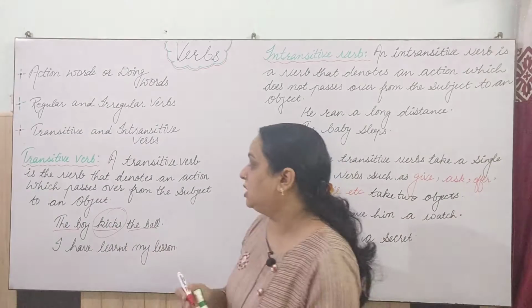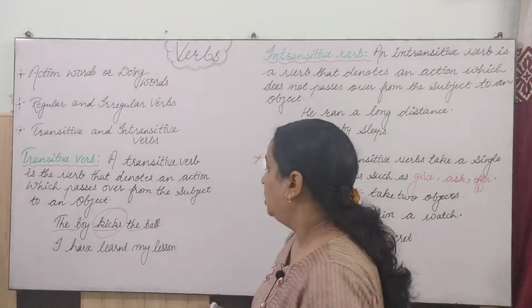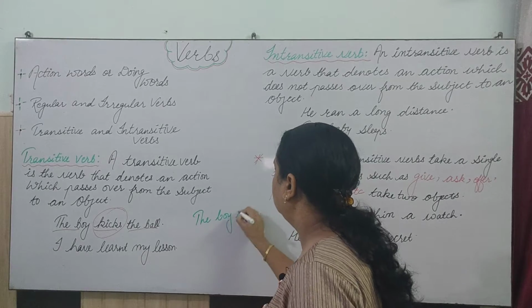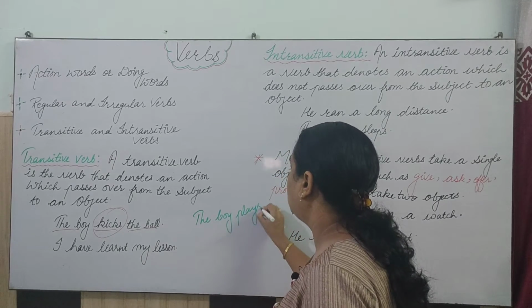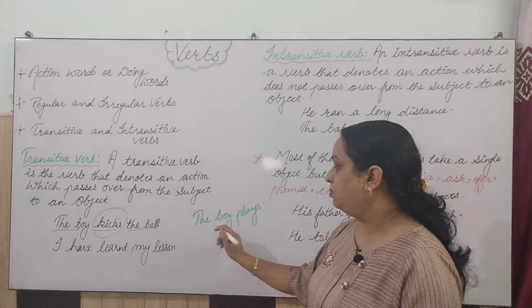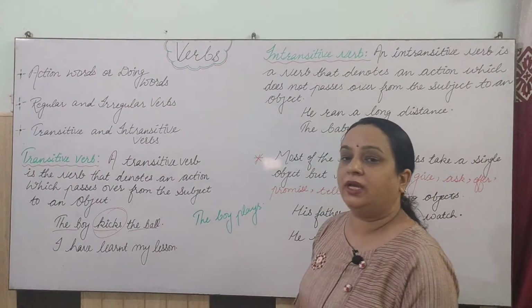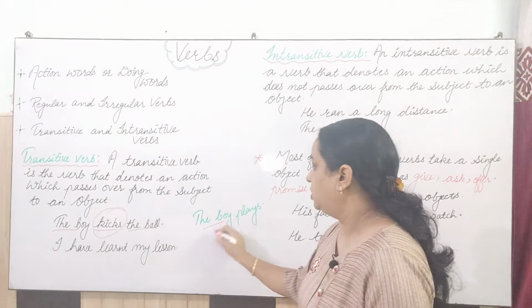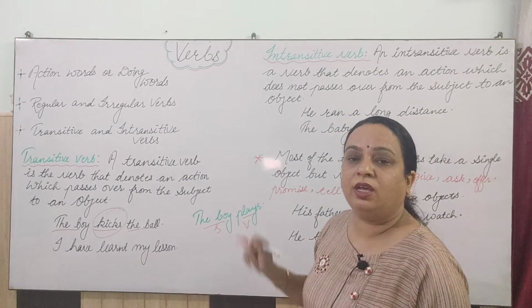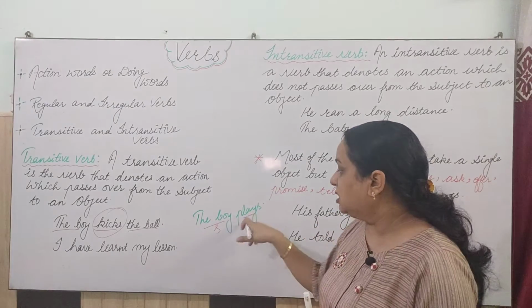But if the sentence is written like this, the boy plays, this is also a sentence. The boy is the subject, and plays is the verb, but we do not have an object.